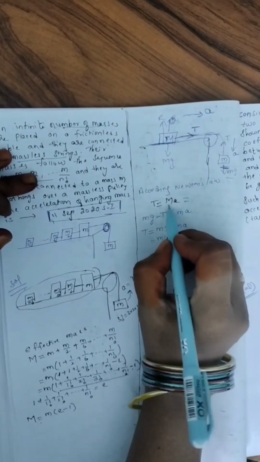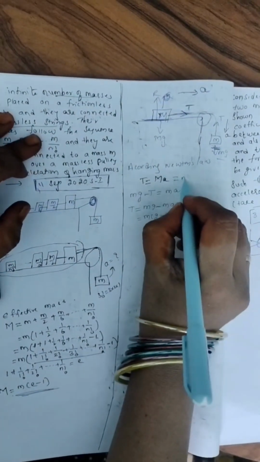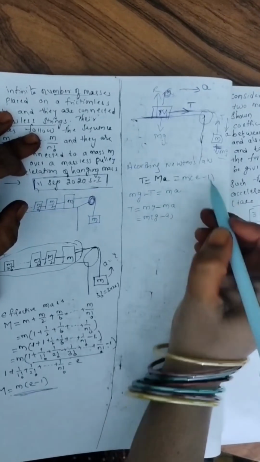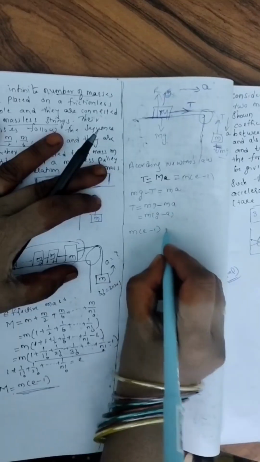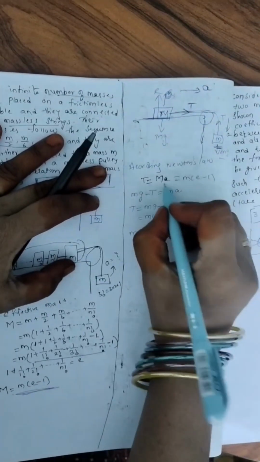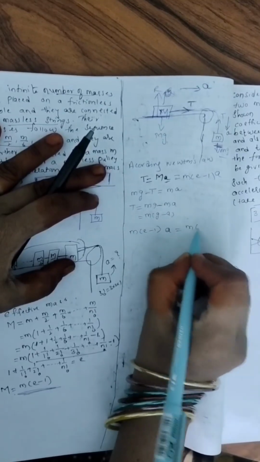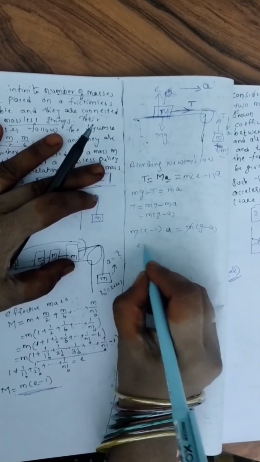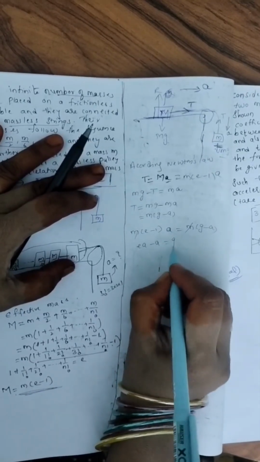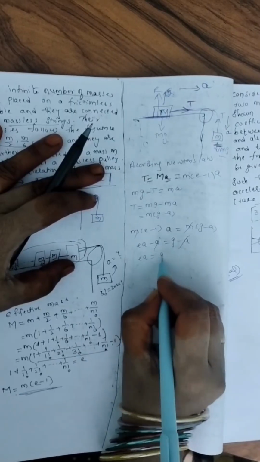Here M we already found: M equals m into (e minus 1). Now equate these two equations: m(e minus 1) a equals m(g minus a). M strikes off. Multiplying, ea minus a equals g minus a. A strikes off, and what remains is ea equals g.